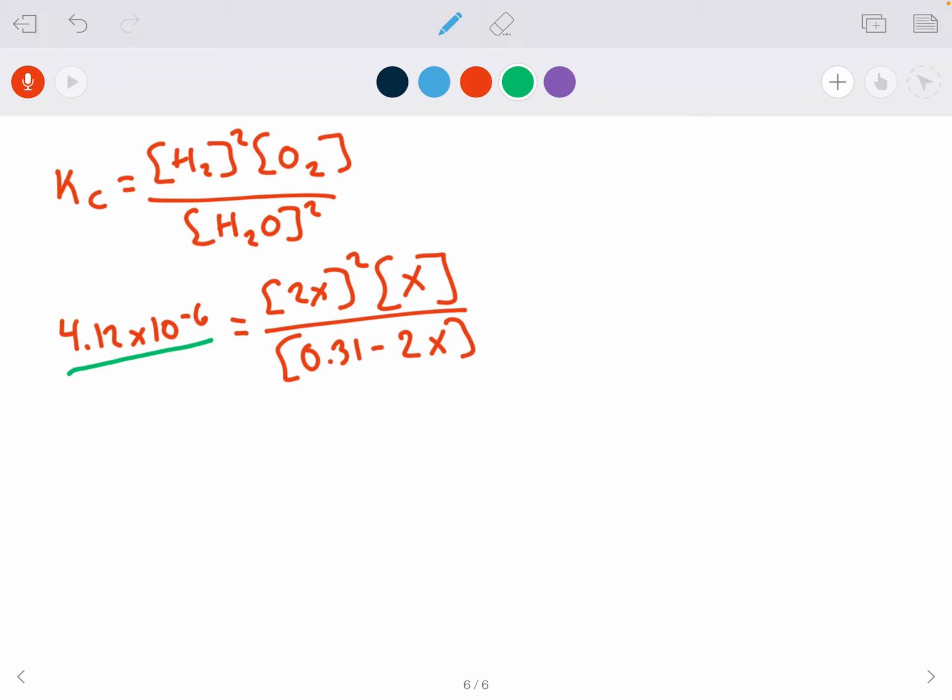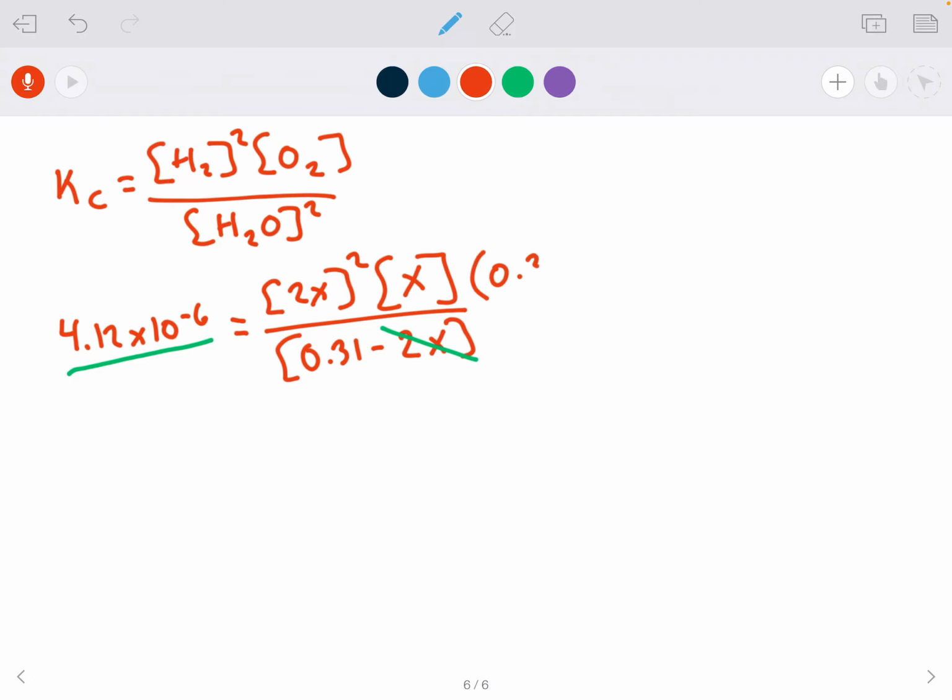So that means x has to be very tiny. Because x is so small, subtracting it from 0.31 doesn't really change the number at all. So we can ignore that minus 2x because it's not going to change this bottom number. It's going to be 0.31 minus a very small number, so we can eliminate that 2x.